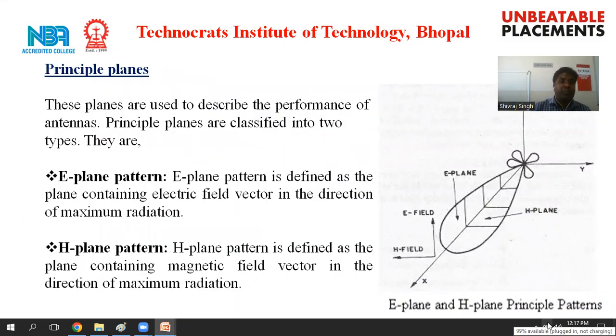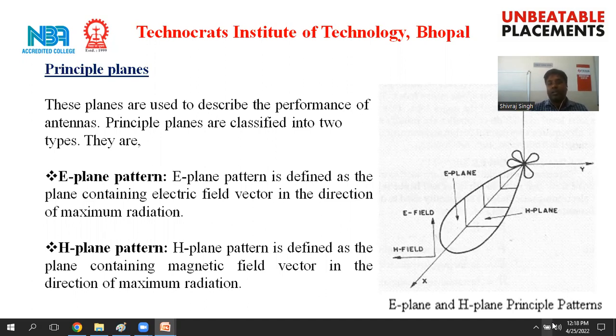Next, the principal planes. The principal planes are used to describe the performance of the antenna, and are classified into two types: the E-plane pattern and the H-plane pattern. The E-plane pattern is defined as the plane containing the electric field vector in the direction of maximum radiation, and the H-plane pattern is the magnetic field plane pattern, defined as the plane containing the magnetic field vector in the direction of maximum radiation.